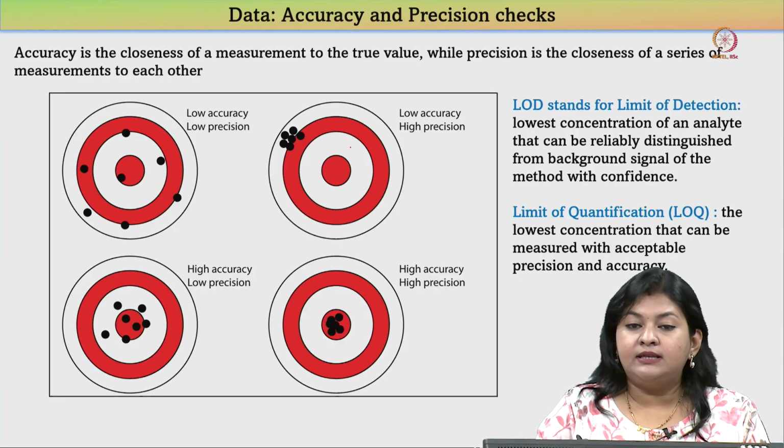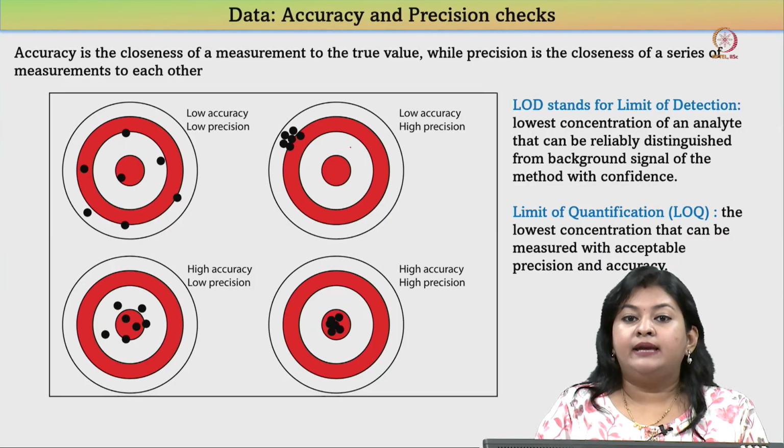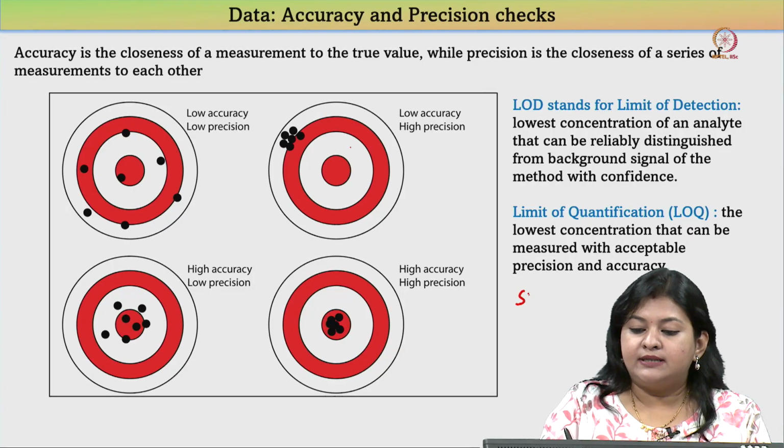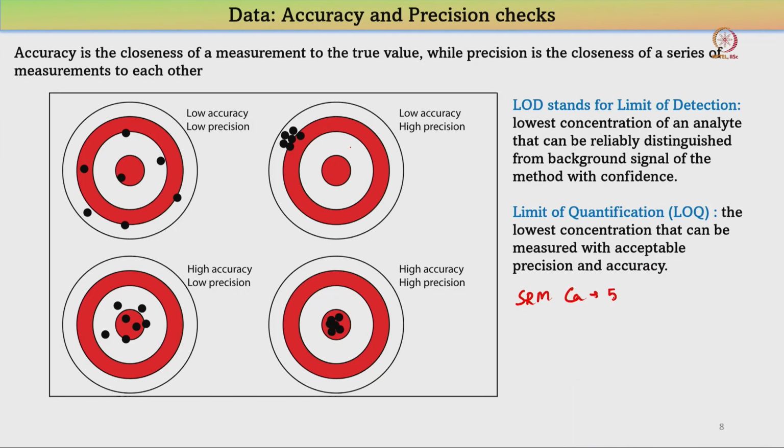Suppose in the standard reference material my calcium is 50 milligram per liter, and I measured this standard and my calcium value was 49.5 milligram per liter.